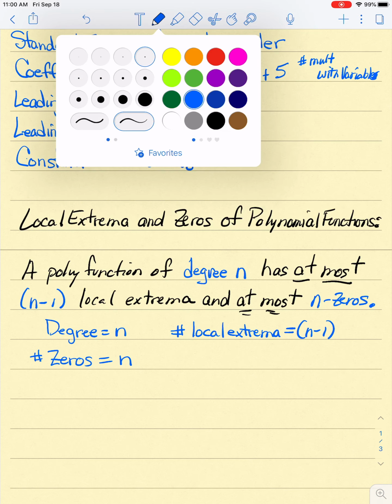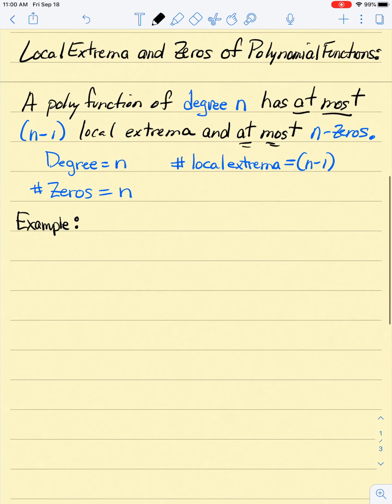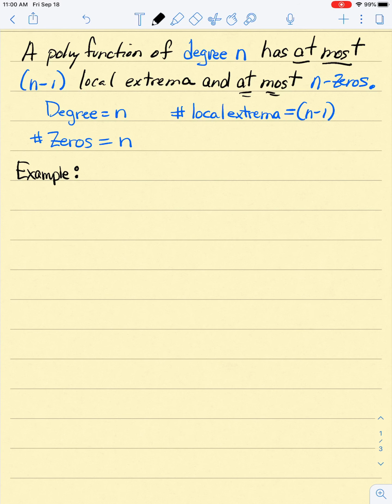Let's have an example. Let's say that our f of x is going to be 4x to the third plus 3x minus 1.